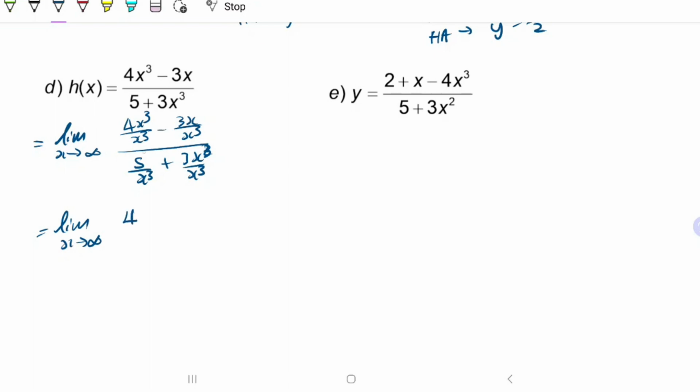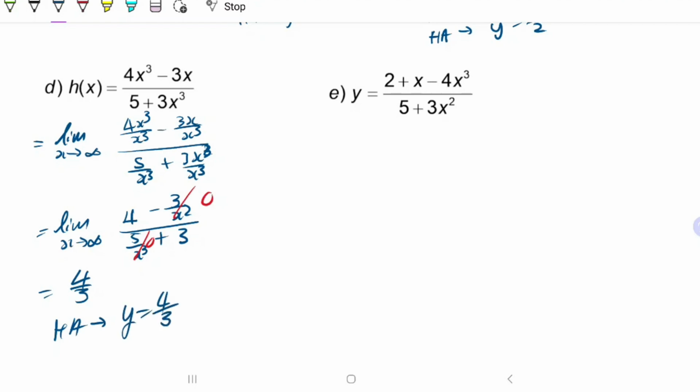We know that this will give us 4, this will give us 3 over x squared, this will give us 5 over x to the 3, and this will give us 3. By definition of the infinite limit, this part is going to be 0, and that part is going to be 0. Hence our final answer becomes 4 over 3, and the horizontal asymptote will be given by y equals 4 over 3.